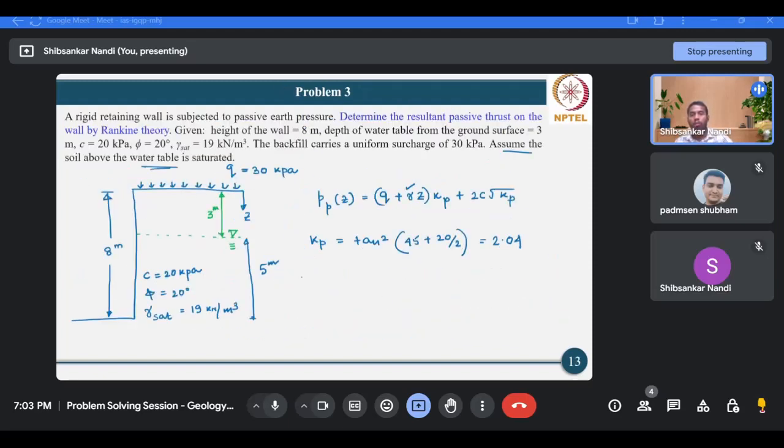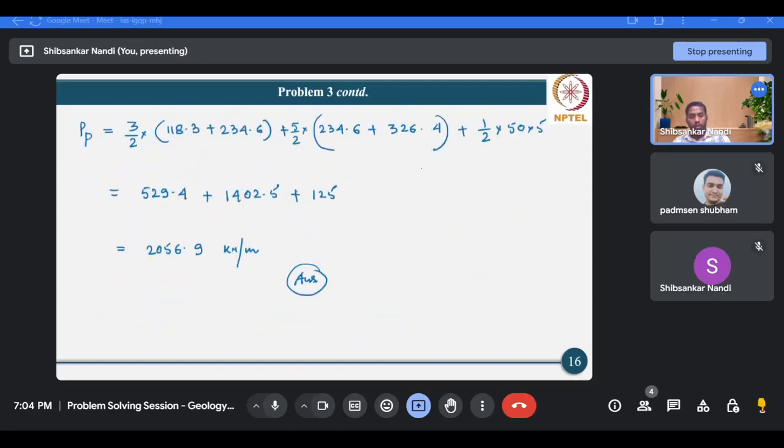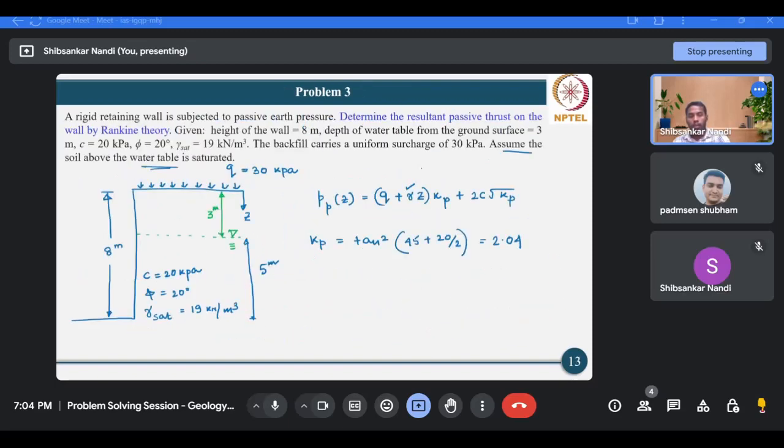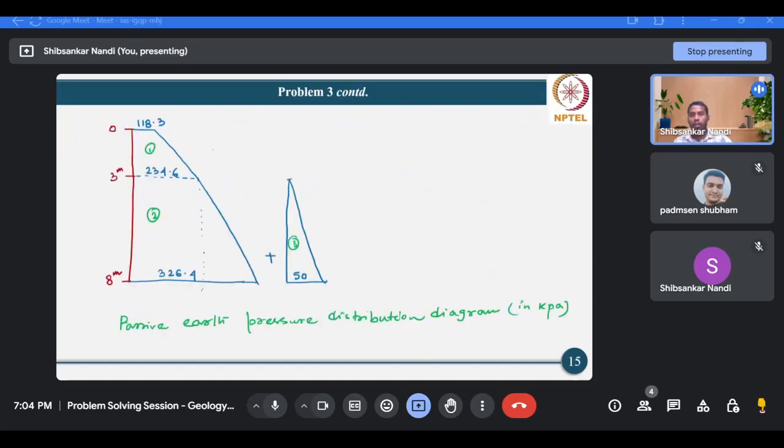And for this question, we don't need to calculate the line of action of the resultant passive thrust because it's not asked in the problem statement, so we can skip that part. Though if it is required, then it becomes very easy to calculate.